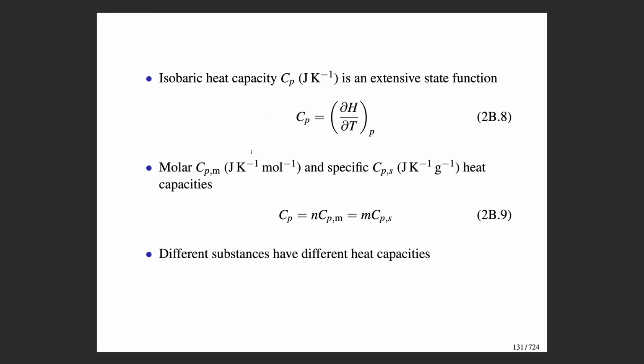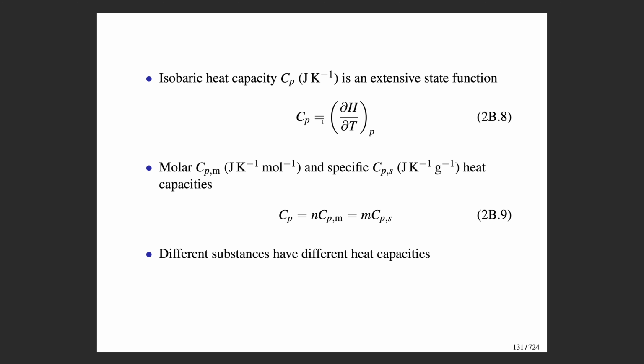This is an extensive function, so the value of the heat capacity depends upon the size of the system. The intensive version of heat capacity, which is the molar isobaric heat capacity, has units of joules per Kelvin per mole, or you could also write that as a specific heat capacity, joules per Kelvin per gram, by dividing the heat capacity by the mass of the sample.